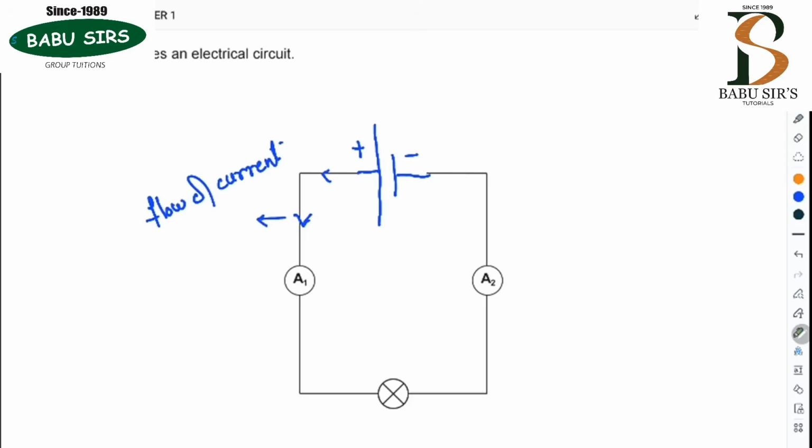Now if you see this, it is a series circuit. In series circuit, current is same everywhere.